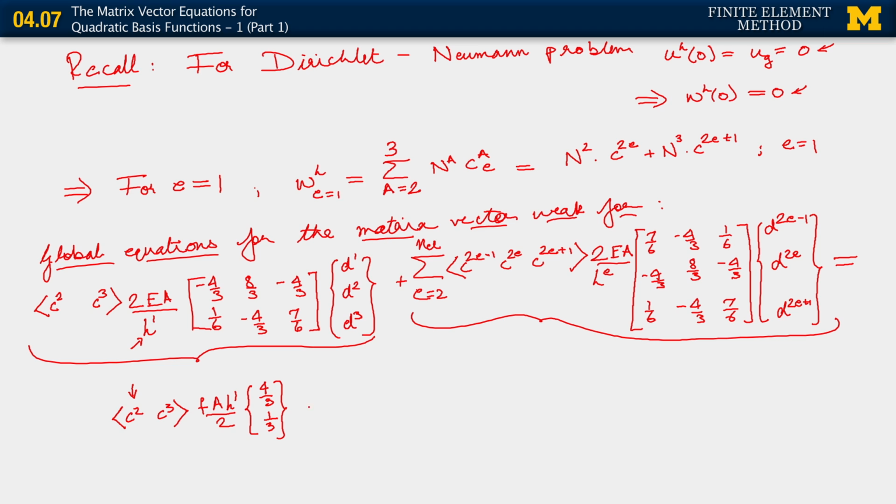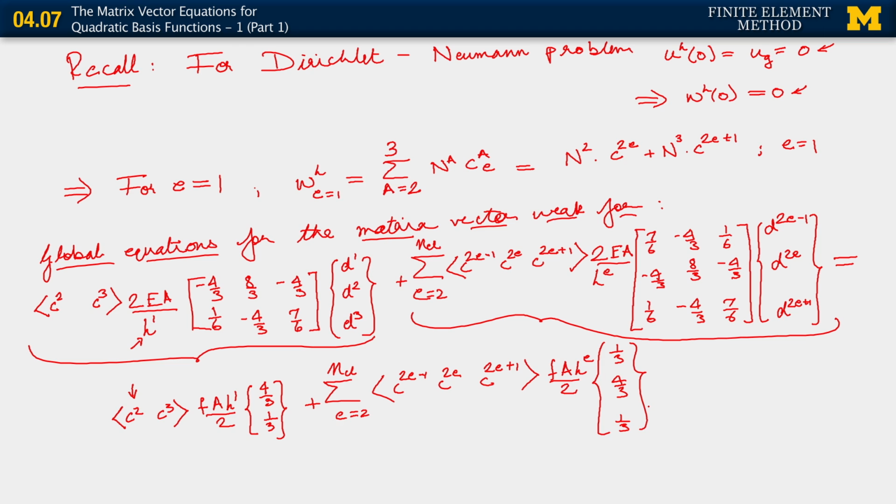We have this plus the sum over E equals 2 to number of elements, C2E minus 1, C2E, C2E plus 1, F A hE over 2. Now we get the full form of this vector, 1 over 3, 4 over 3, 1 over 3.